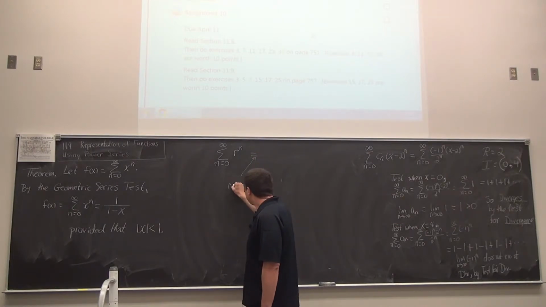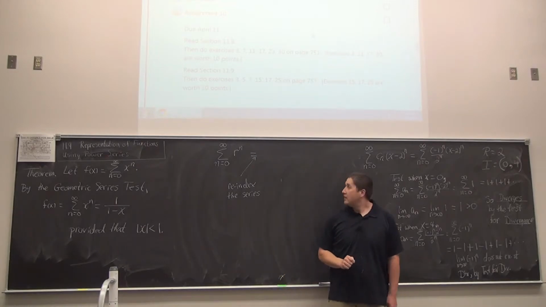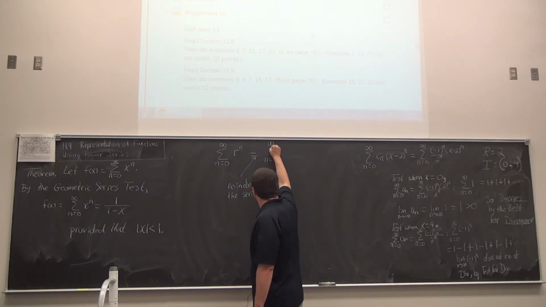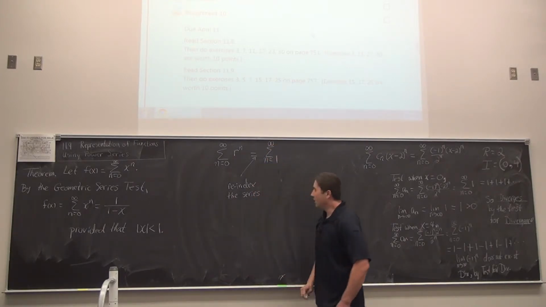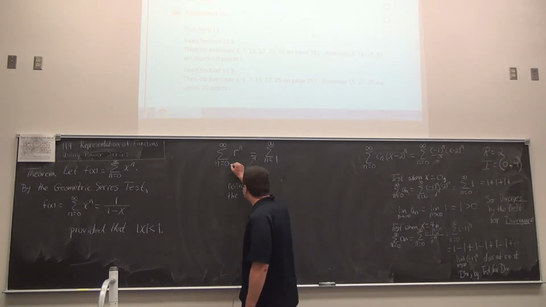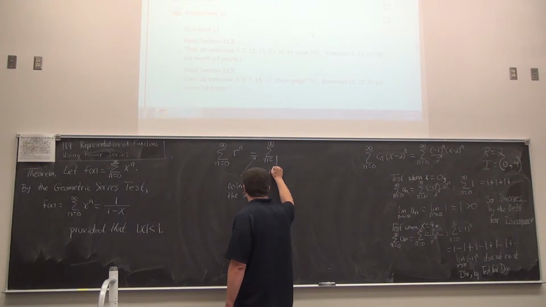So we want to re-index the series, which is always something that is allowable. What I would like to do is bring this back to something that we've seen before. So in my re-indexing of this series, I want to start at 1 rather than 0. So you can always pick your starting point on the series. That's kind of unusual, and it's something you can do, but you have to be very careful. Going here to here, I added 1.